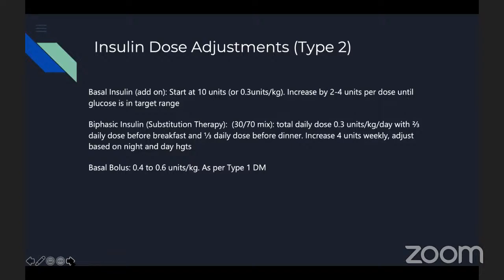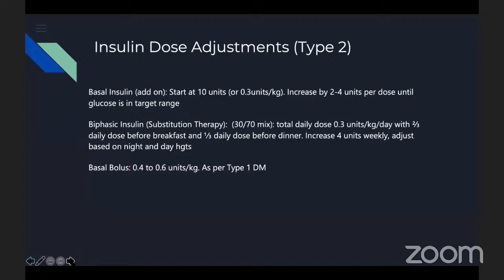But obviously, if that doesn't help, then you can switch on to biphasic insulin, which is also known as substitution therapy. So what we usually use is ActiRapid. That's the most common one. So patients will be injecting in the morning and at night. In order to calculate the daily dose of insulin, you also use 0.3 units per kg per day for the total daily dose.